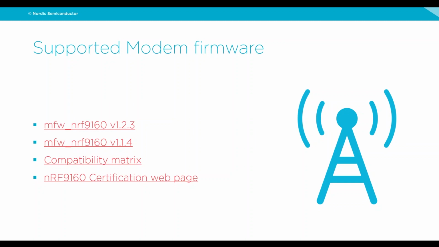Links to both release notes and compatibility matrix is available in the slide deck. So this is something that can be downloaded after this webinar. Also, to get an overview of all the different both regulatory and carrier certifications, you can go into our nRF9160 certification webpage. Link is also in the presentation.